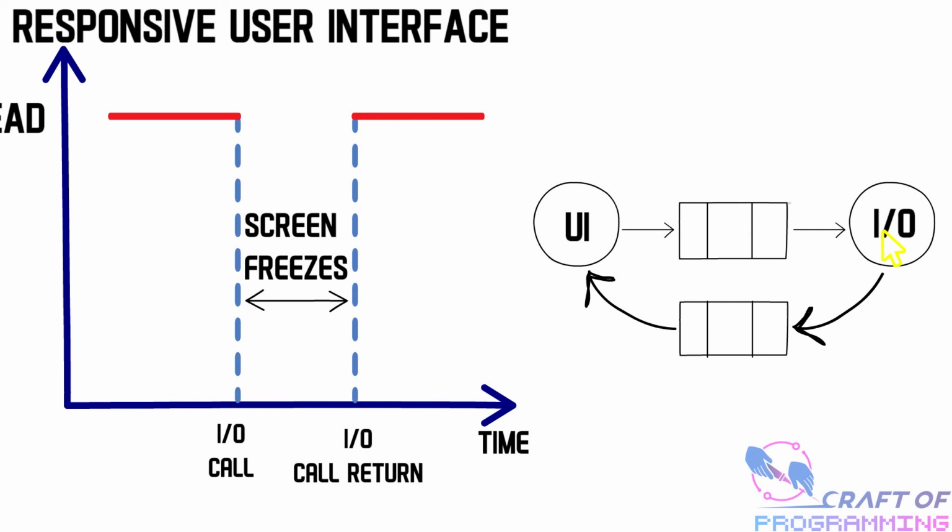The I/O thread then gets this request from the queue and sends it, and while the response is pending, the user interface can continue to serve the user. When the response eventually comes back, the I/O thread will write the response on the queue and will signal the user interface that the response has arrived. The user interface will then be interrupted, will get the response, and will populate, say, a table for the user.